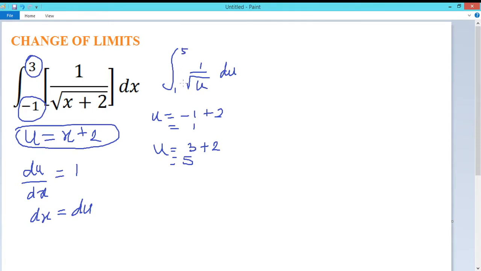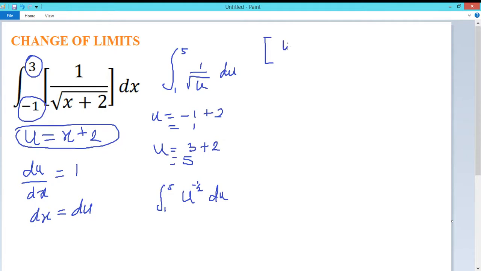Now that we have changed the limit and performed the substitution, we have no x, so we can proceed with the normal approach. We know this can be written as u raised to the power minus half du. Then we perform our normal integration.